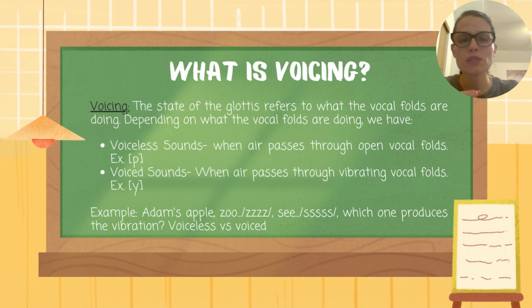Okay, the next question is what is voicing? As I just explained in the previous slide, voicing is the state of the glottis and it refers to what the vocal folds are doing. Depending on what those vocal folds are doing, we have two different types of sounds. We have the voiceless sound, which is when the air passes through open vocal folds, as in p.